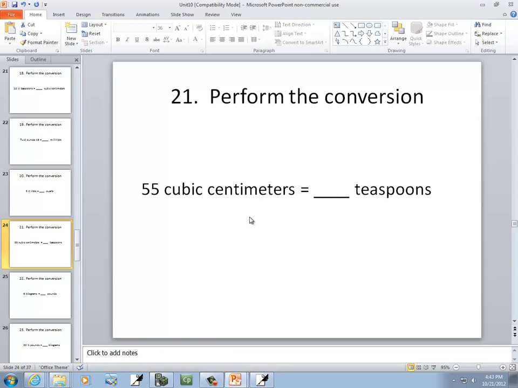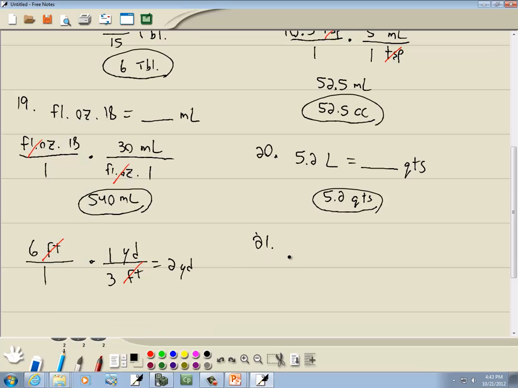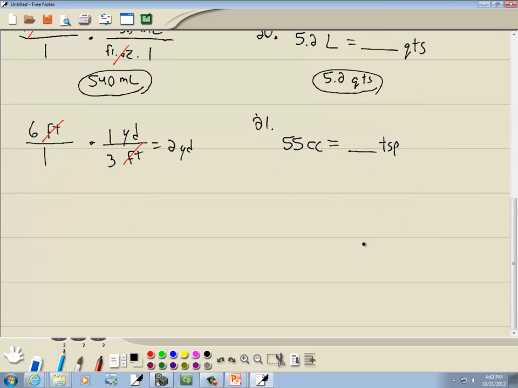That one is too easy. 55 cc's is equal to blank teaspoons. Probably no tie between cc's, but remember cc's is the same as milliliters. So I'm going to use milliliters. I'm not sure if there's one formula that has cc's in it in our table. And if milliliters is up here, milliliters has to be down here.